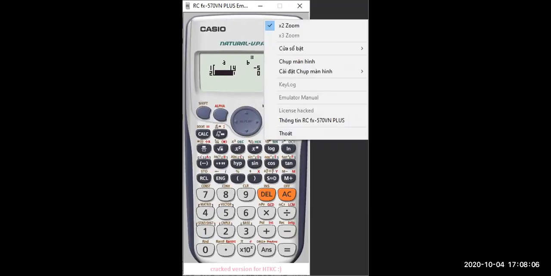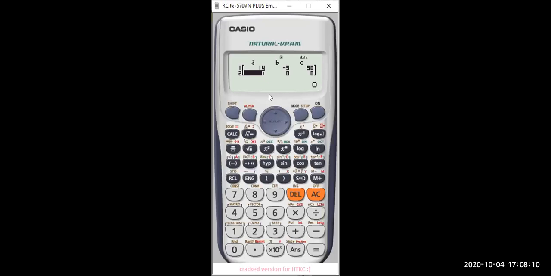What about the second one? The second one is minus 5, plus 15, minus 25. Then enter.